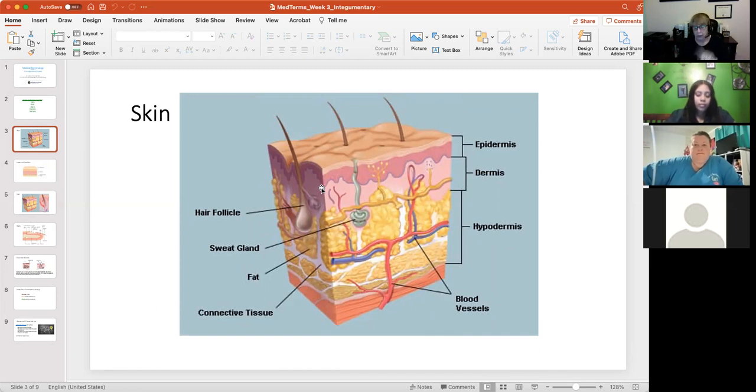But this is also called the subcutaneous layer. So as you have experience and as you go through the vocabulary, you will note that more often this layer is referred to as the subcutaneous or sub-Q.